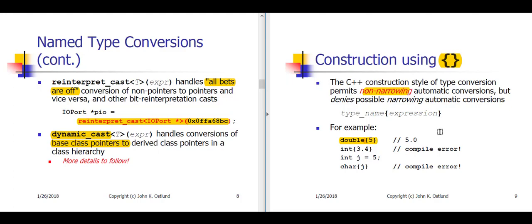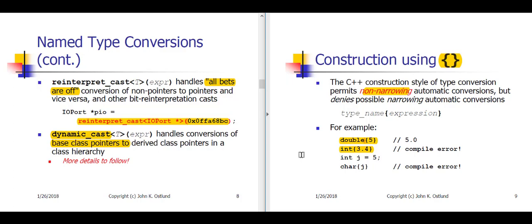That is, it's fine to convert from an int to a double because all int values are guaranteed to fit in a double object. But if you attempt to go in a narrowing direction, that is, if you attempt to convert from the double 3.4 to an int, well, an int would chop off the fraction part. This is what's called a narrowing conversion. And so you'll actually get an error from the compiler if you attempt to do a conversion in this way.